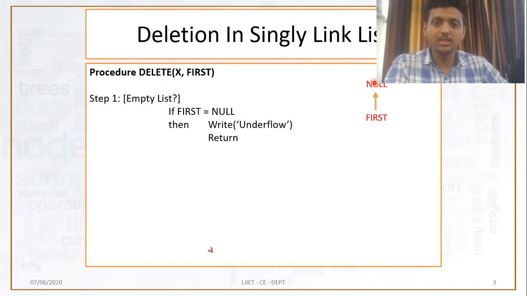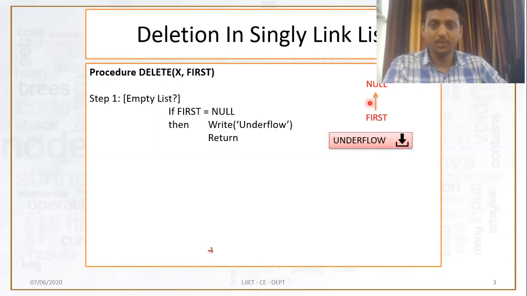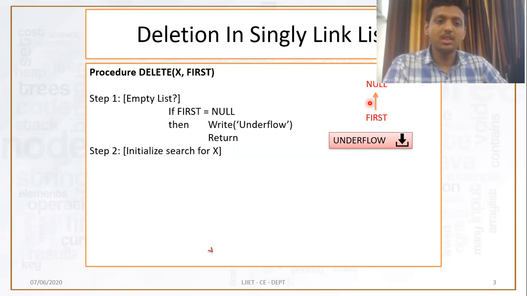The linked list does not exist. Then write underflow and just do return. Make sure return is just a statement. We are not returning anything. That's why it's a procedure, not a function. Okay, so let's go ahead. See here the first is pointing to null, so it's underflow. Now the second thing we need to do is initialize search for x.